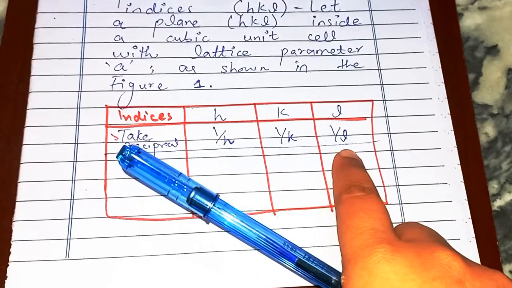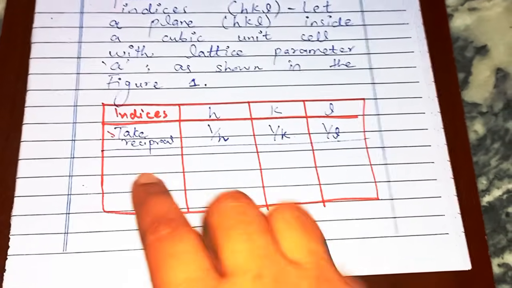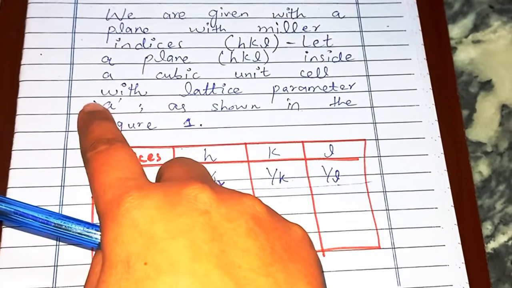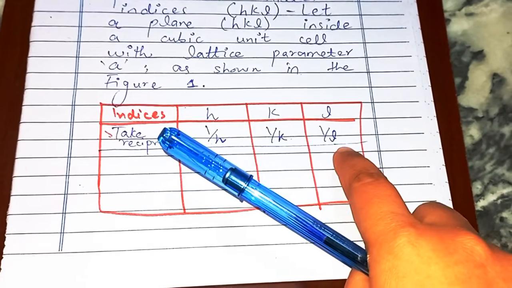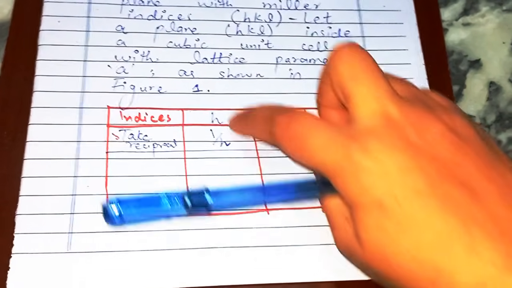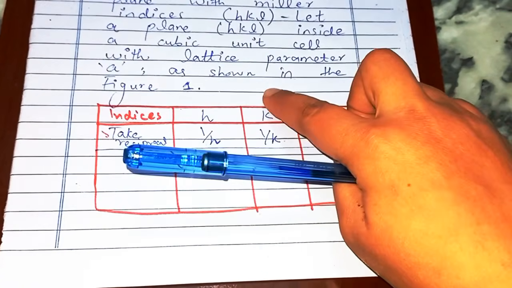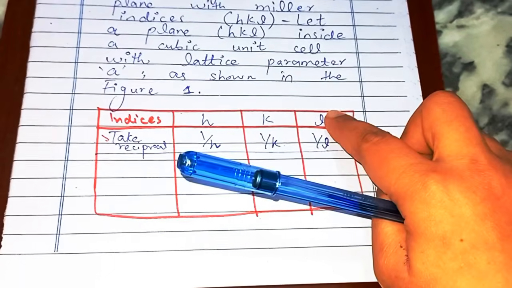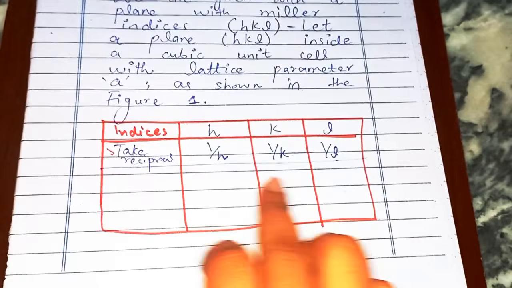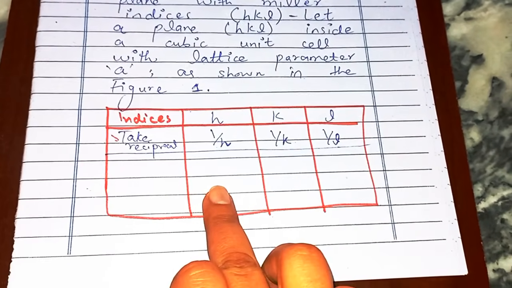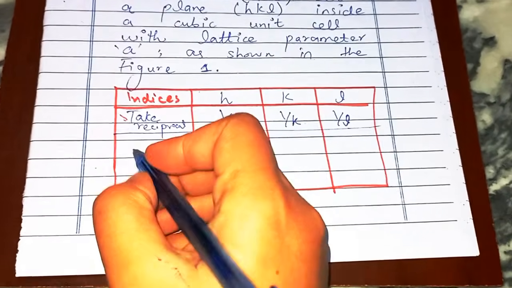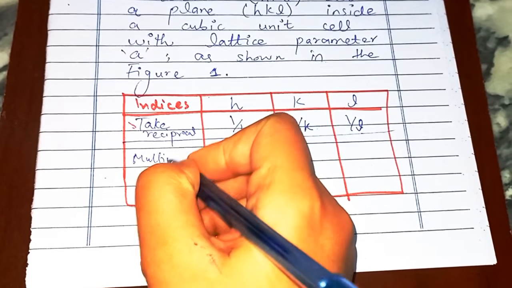Well, these are the reciprocals only, and since we are considering the general case, we need to incorporate the type of structure you are considering. We are considering the cubic crystal structure or cubic unit cell, and for that purpose we need to multiply by the lattice parameter that the unit cell has corresponding to the x, y, and z directions. Hence we will be multiplying A with the x intercept, A with the y intercept, and A with the z intercept to show that it is a cubic unit cell.